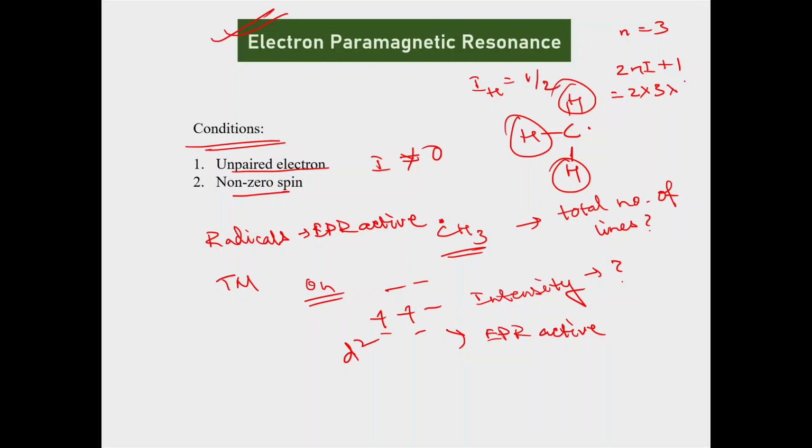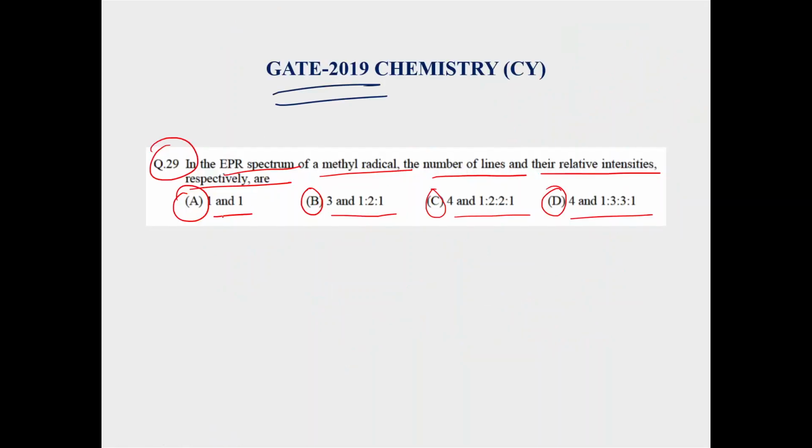So it will be 2 times 3 times half plus 1. The 2 will get cancelled out, so it will be 3 plus 1, which is 4. So this will have 4 lines. So first we can see that these two are not the correct options.